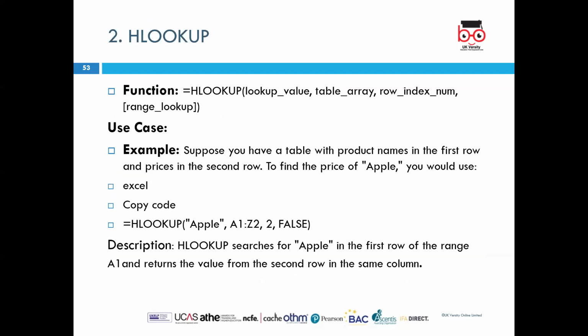HLOOKUP, our use case: the product is in the first row and price is the second row. To find the price of Apple, you will now use this function, where with HLOOKUP, we search for Apple in the first row of the range A1 and return the value from the second row in the same column.